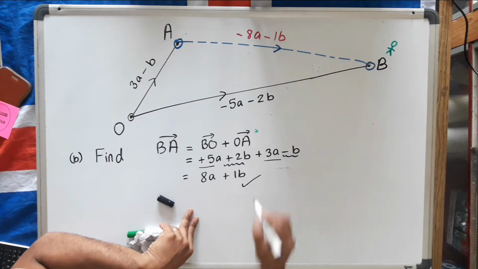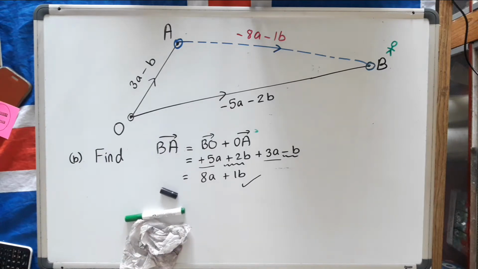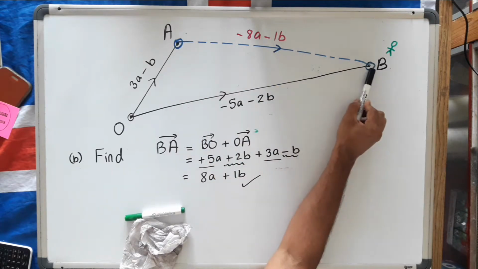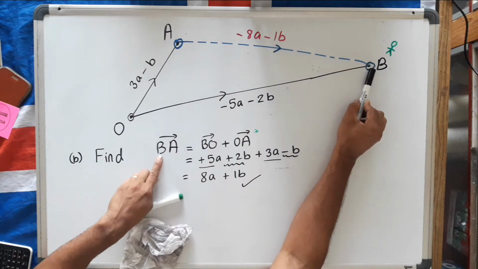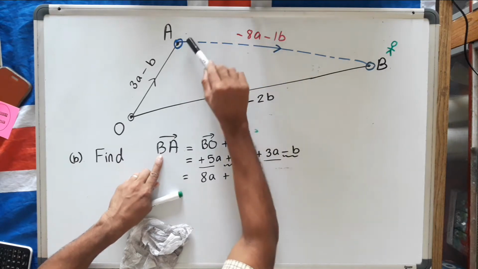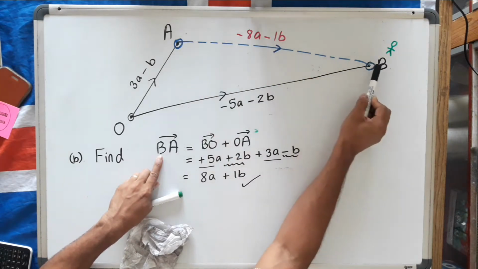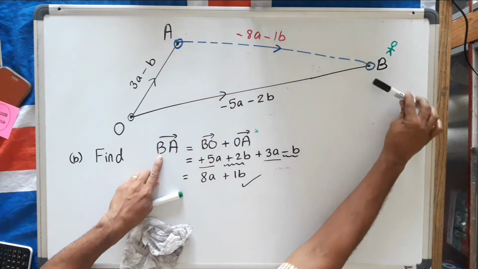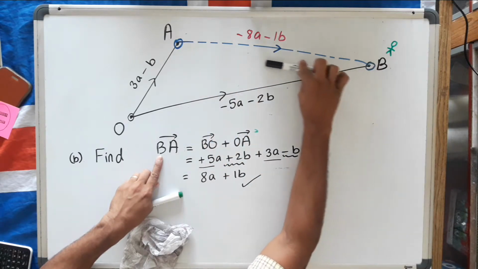You notice I just wasted a lot of time for no reason to show you something. When I found AB, then the examiner asked me to find BA. But aren't AB and BA opposites? So if he had asked me to find BA, I'm walking against the arrow.